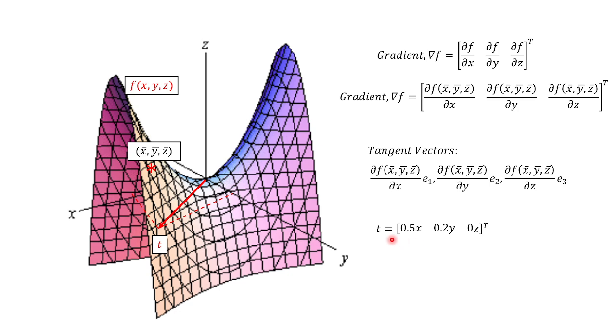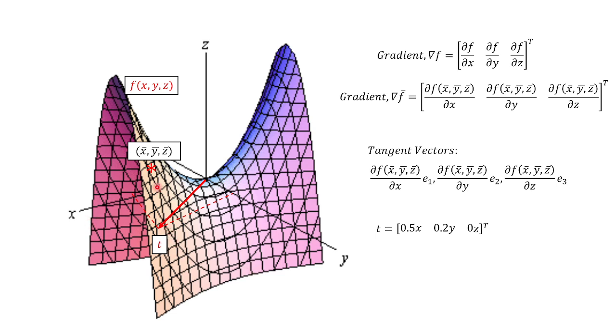So t is equal to, this is also a vector, 0.5 of x and 0.2 of y and 0 of z. So there is no component along the z axis, and that's why this is basically a vector that is dependent on only x and y.